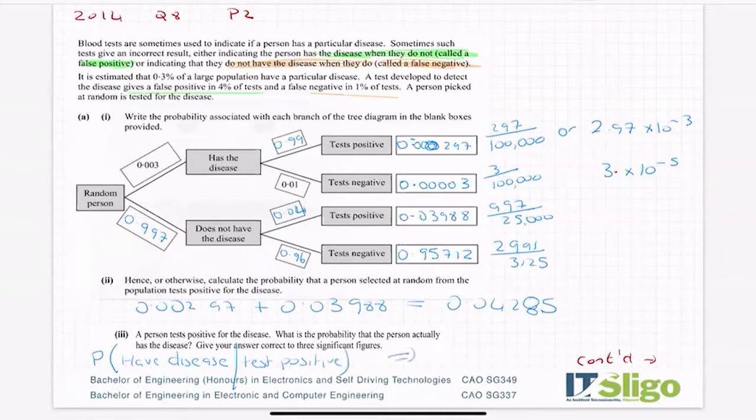So the probability that they have the disease intersecting with test positive over the probability that they test positive.